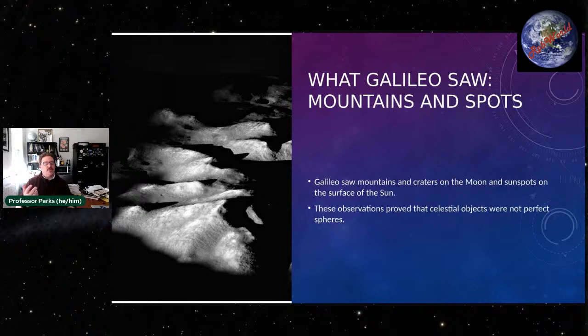He used geometry and shadows to work out what the heights and depths of those craters were. And he demonstrated that some of these mountains on the moon were kilometers in height, 1, 2, 3, all the way up to around 4 kilometers in height. So as high or even higher than mountains here on the Earth.